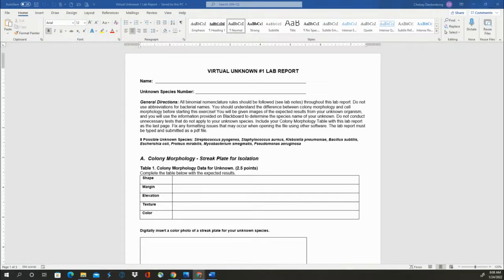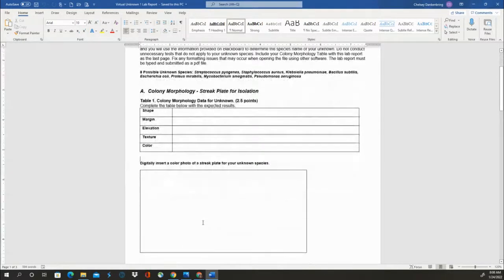So the 8 possible species that you might have are listed right here on the document, okay? And you're trying to figure out which one you have. So you are going to look at the picture of the colony that I send you, and you are going to fill out table number 1 using the information we've learned previously.